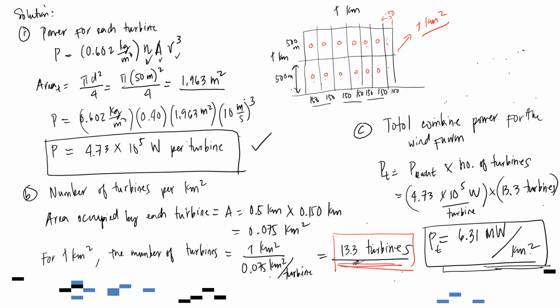Take note that the distance between each turbine is important. As I've shown here, the distance between this turbine and this turbine is still 500 here, and this distance and this distance is still 150. Okay, so that is the calculation for a wind farm.